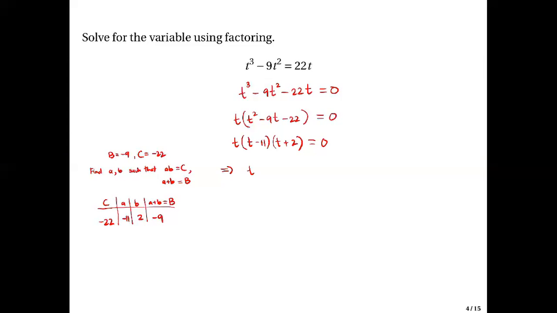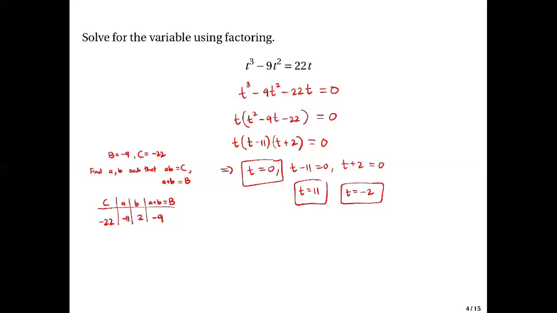which means that we will have t equals 0, t minus 11 equals 0, t plus 2 equals 0. Of course, we just have t equals 0 in here. From this guy here, we'll get t equals 11. And then from this guy here, we'll get t equals negative 2.